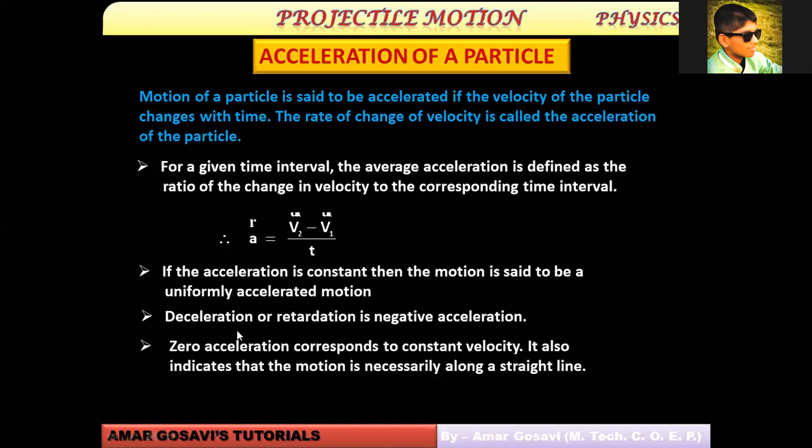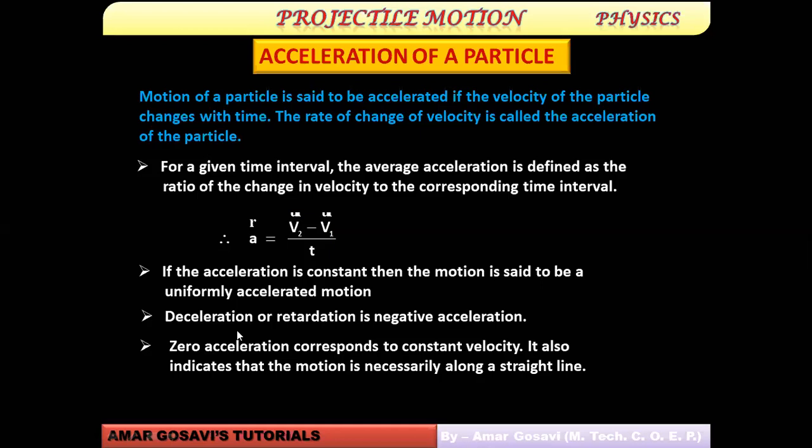We are studying acceleration in greater detail, friends. It's not only about defining definitions and moving forward superficially; we have to think about every aspect in greater detail. The last point here is zero acceleration.